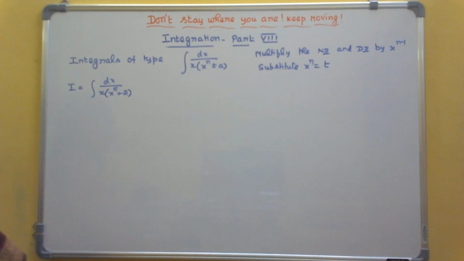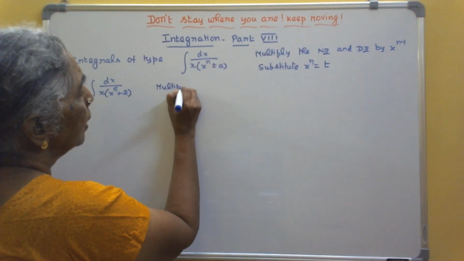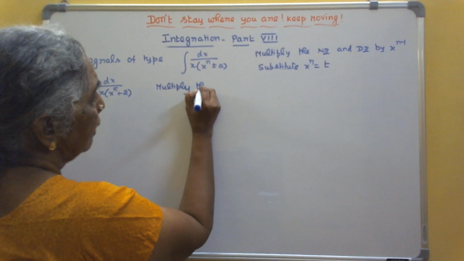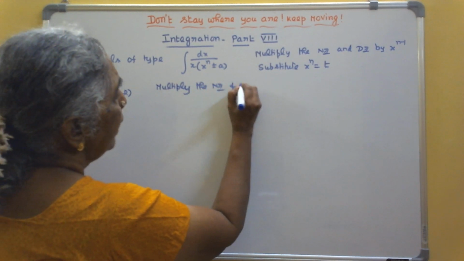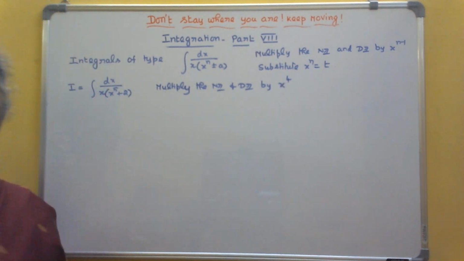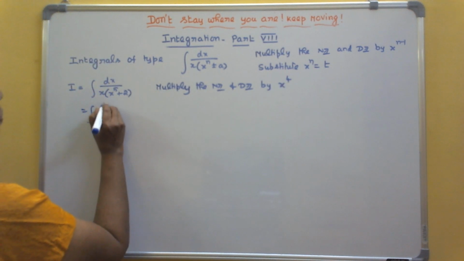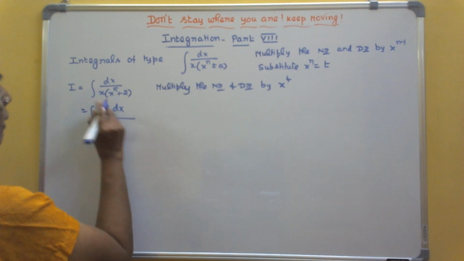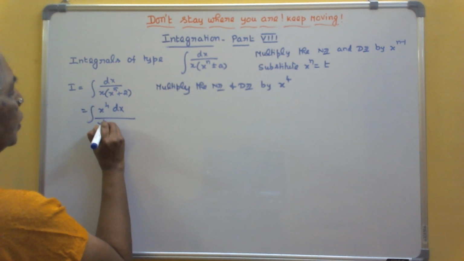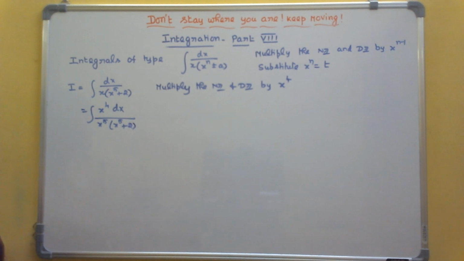So n is 5. So now we have to multiply the numerator and denominator by x power 4. That is the x power n minus 1, correct? So now we will get x power 4 dx. Here x power 4 into x will give you x power 5 into x power 5 plus 2.